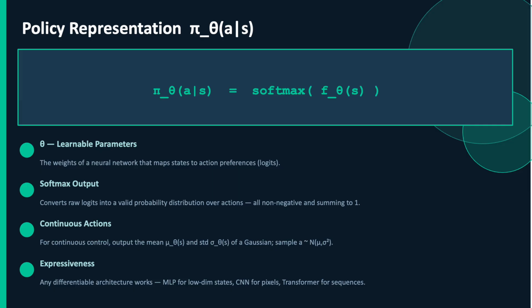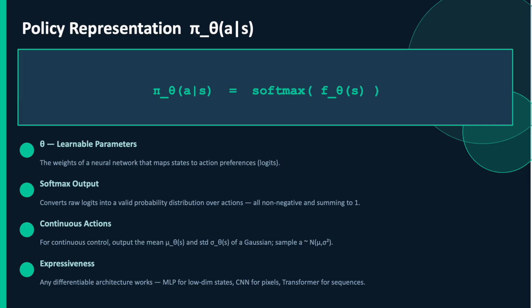For continuous action spaces, the representation changes. Instead of outputting a categorical distribution, the network outputs the mean and standard deviation for a Gaussian distribution over actions. You sample the action from that Gaussian, and the log probability of the sampled action is easy to compute analytically.